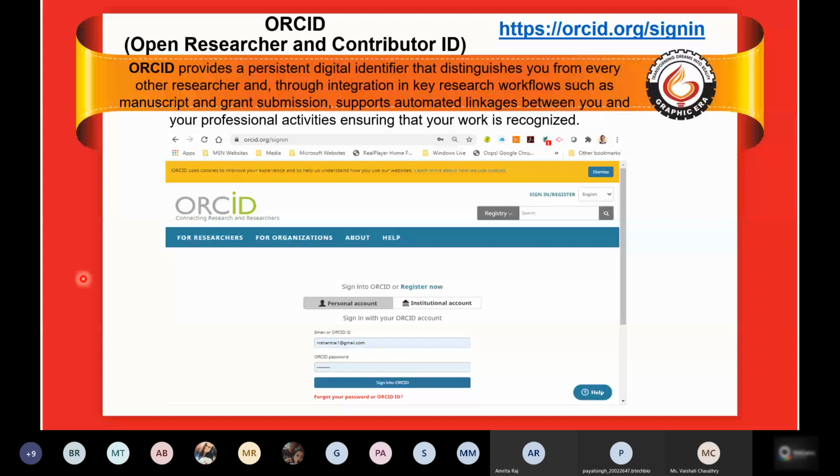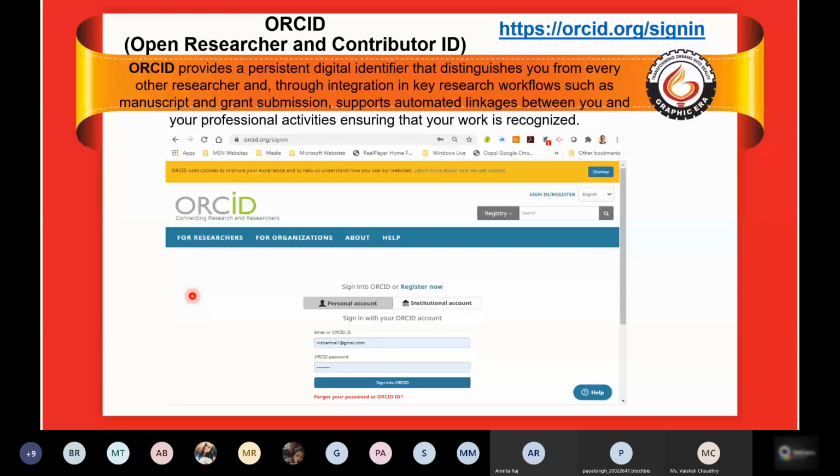Likewise, as a researcher, this is the ID which is given: the Open Researcher and Contributor ID. This is called the Open Researcher and Contributor ID, which provides a persistent digital identifier that distinguishes you from every other researcher. So when you create your ORCID and put your published paper on this platform, you will be provided with the ID and you will be known by this ID.